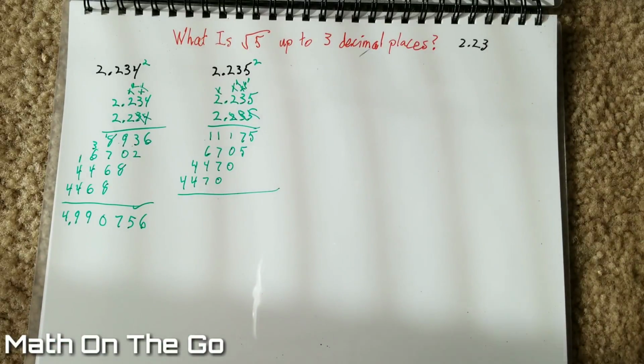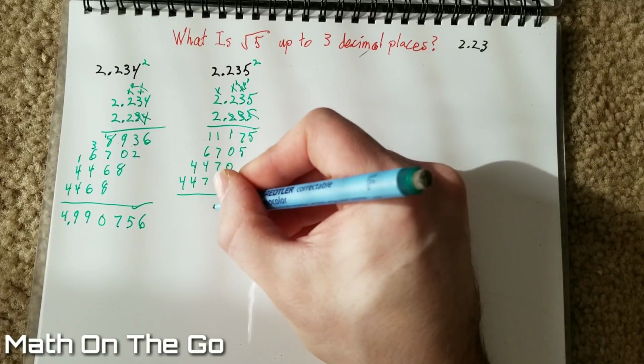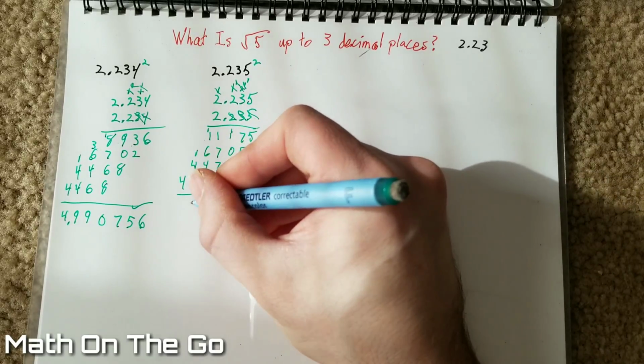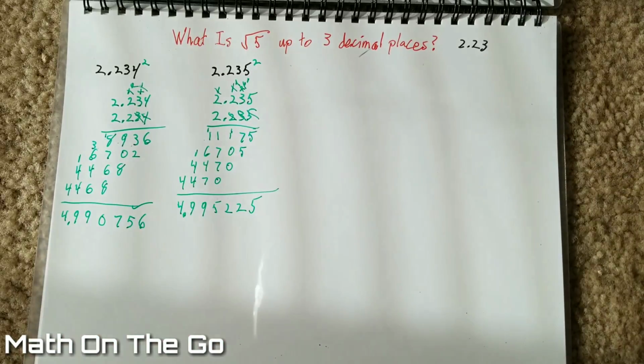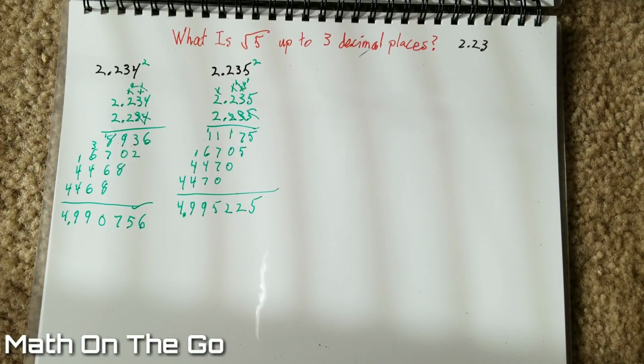Okay, so we have 5, 2, 1 gives us 2, 14, 15, let's see, 19, 8, 9, 4, 4.995225. So that got closer. That went up a total of 0.005-ish or so, because we went from a 4 in the thousandths to a 5 in the thousandths. So that could be our guess, but just to be sure, we'll jump up one more here.